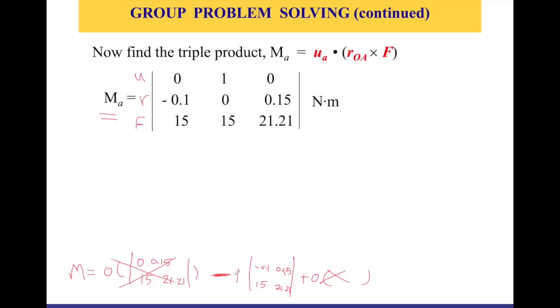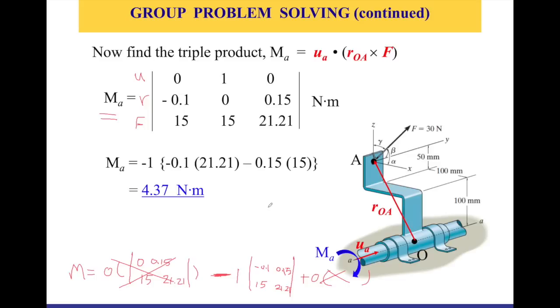So you end up with -1 multiplied by the determinant of a 2 by 2 matrix, which is the multiplication of the diagonal minus the off diagonals. So it's going to be -1 multiplied by minus 0.1 multiplied by 21.21 minus 0.15 multiplied by 15. You can look at this here.